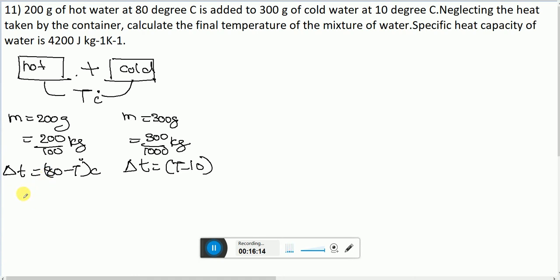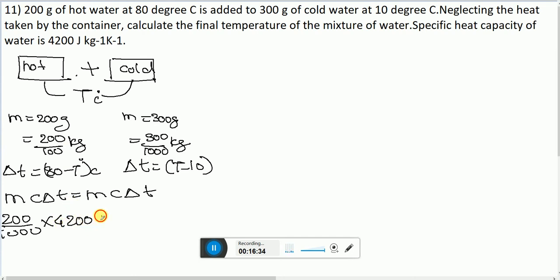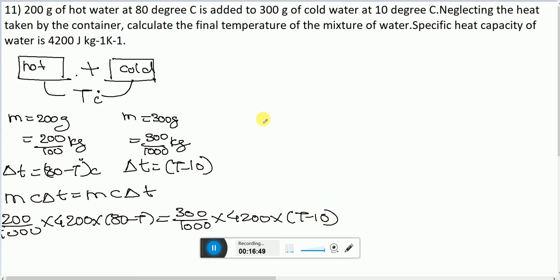Applying the principle of calorimetry, again we can say this is m into c into delta T, and this is m into c into delta T. Mass for hot water is 200 upon 1000 multiplied by specific heat capacity, which they have mentioned as 4200 for water. Change in temperature is 80 minus T. Here it is 300 upon 1000 into 4200 into T minus 10. Here this and this can be cancelled.